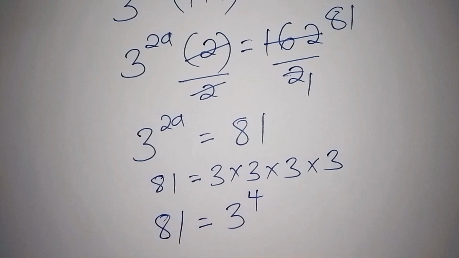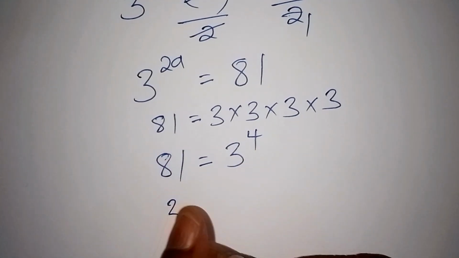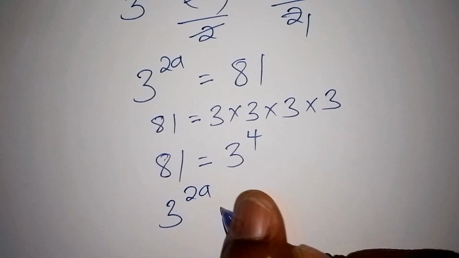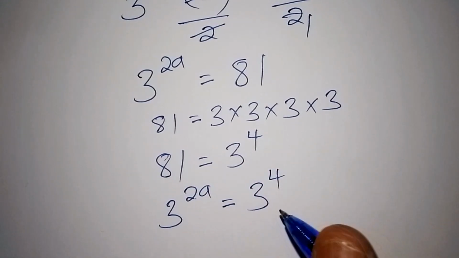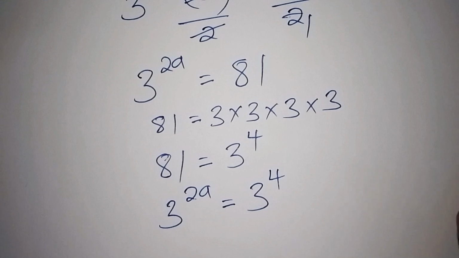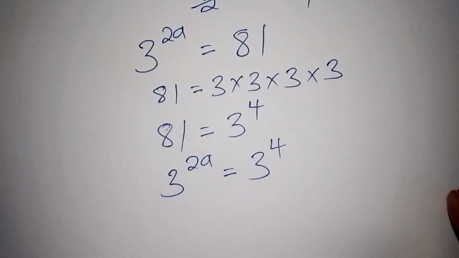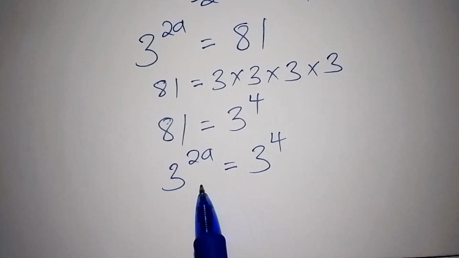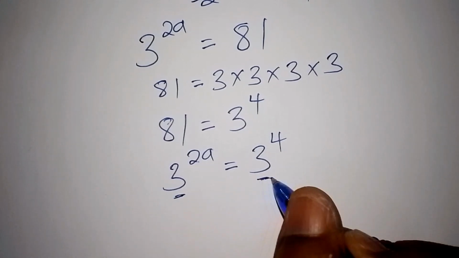In that case we shall now have 3 to the power of 2a is equal to 3 to the power of 4. So we don't need to indicate it as 81. We shall now only pick the numbers that are the index. We will no longer pick the base.